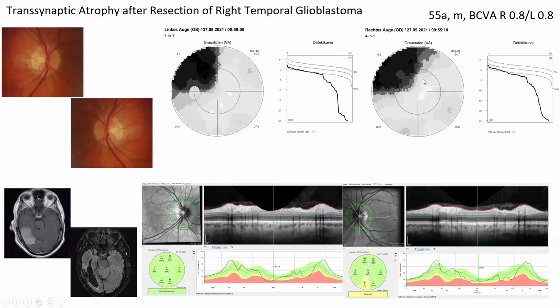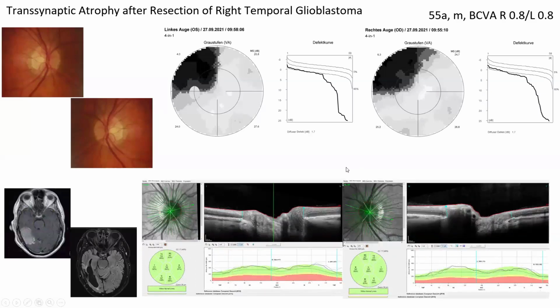Doesn't look like glaucoma at all. This is a patient who had a resection of a temporal glioblastoma, and this is the visual field, and this is the rim and the nerve fiber layer thickness of our patient, not flagging too much pathology in the beginning. You see the nerve fiber layer is quite thick.